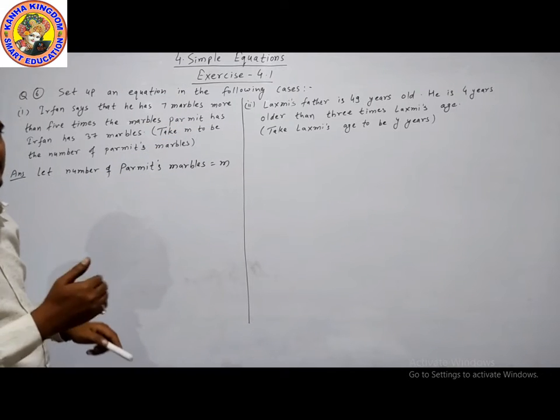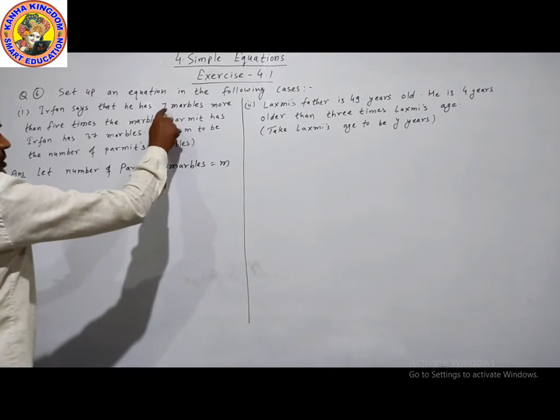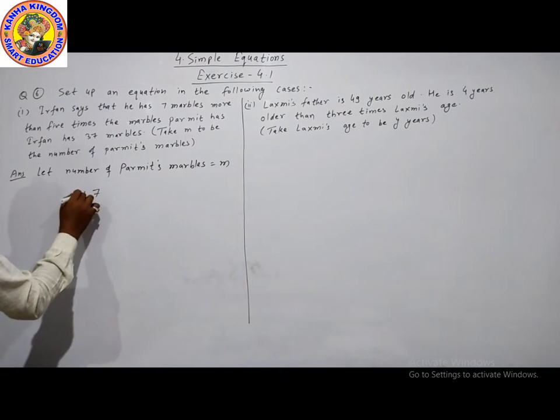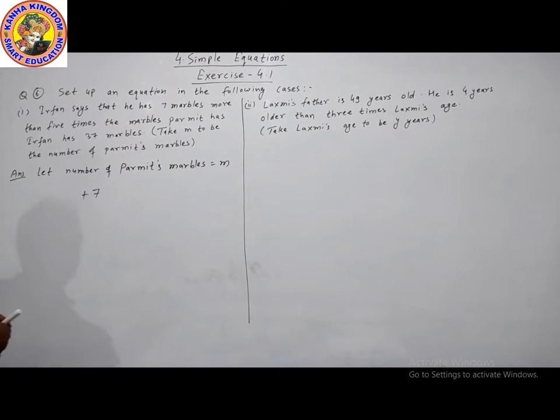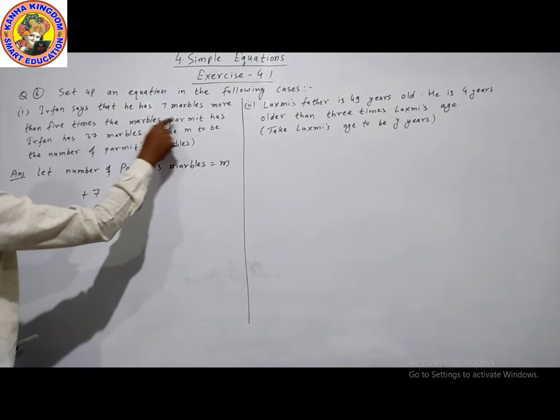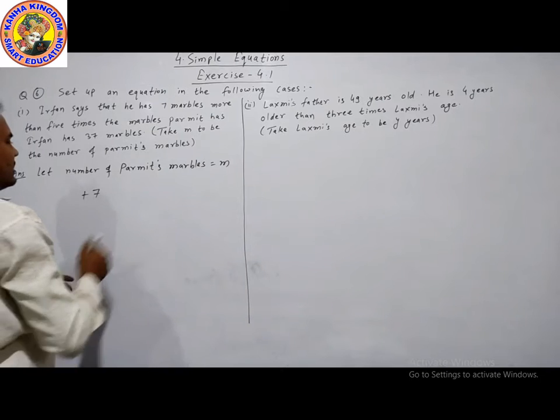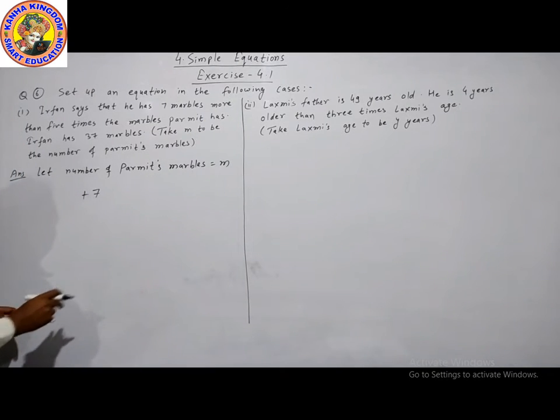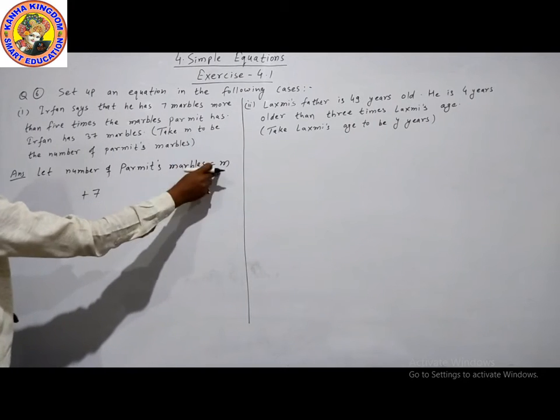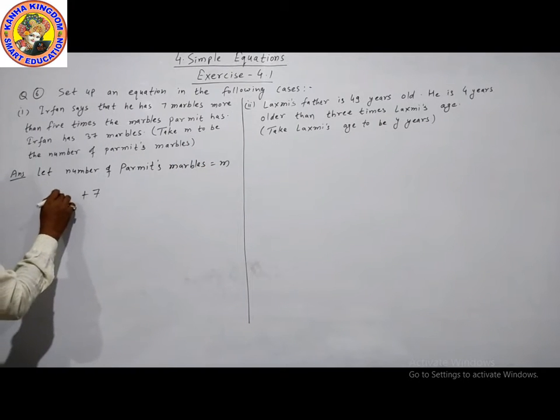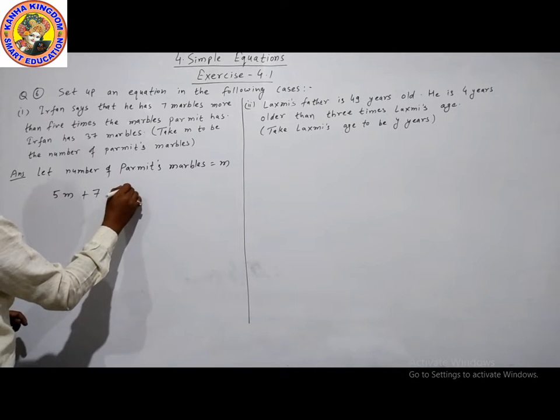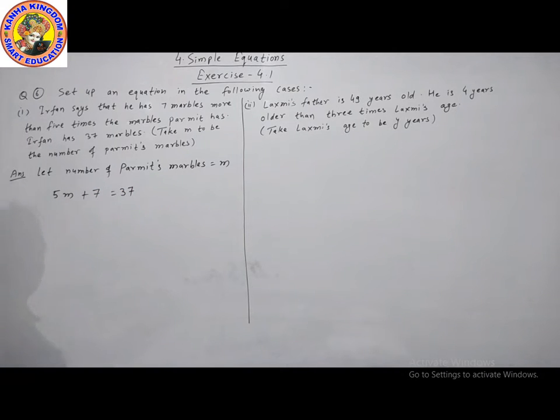More means greater, greater means plus. 7 plus, in which term plus? 5 times the marbles Parmit has. Parmit has m marbles. So 5 times Parmit's marbles means 5 times m. Totals are 37.